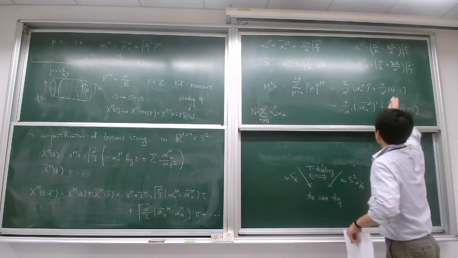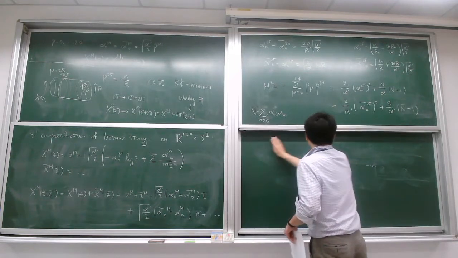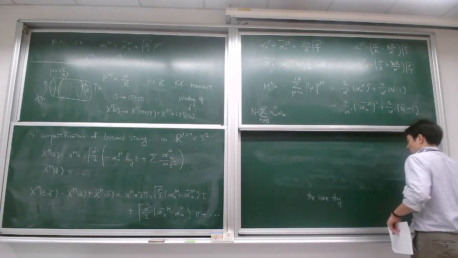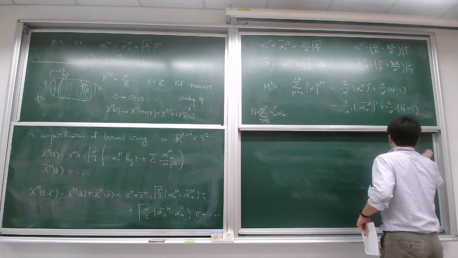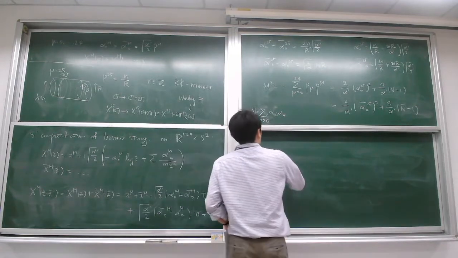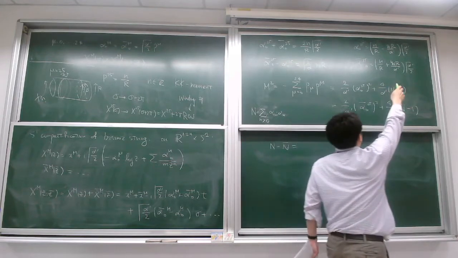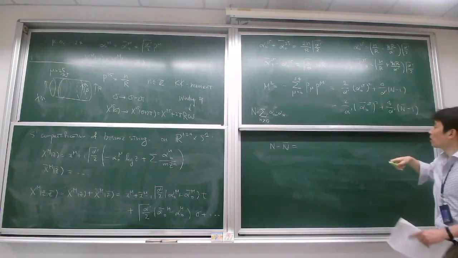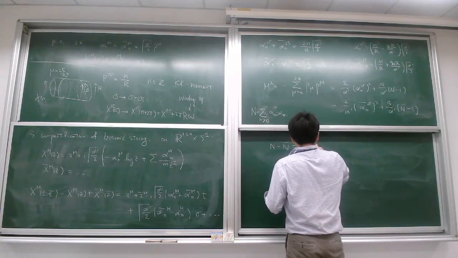Last time N had to be equal to N bar, but now with circle compactification, once you plug this one into here and do the honest computation, we get n times w.